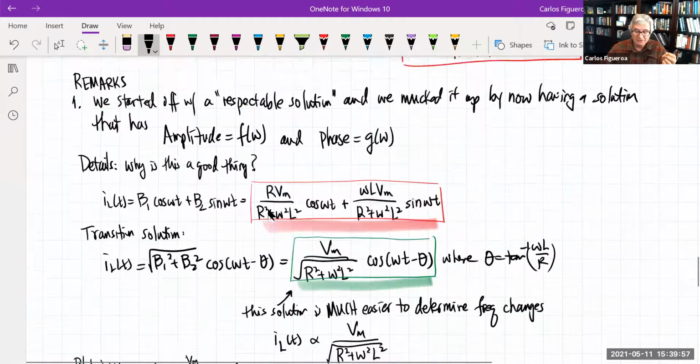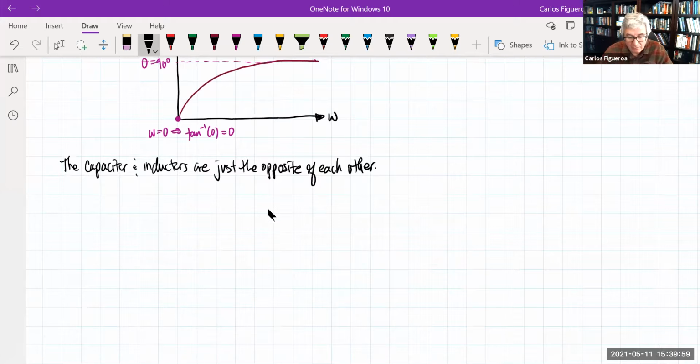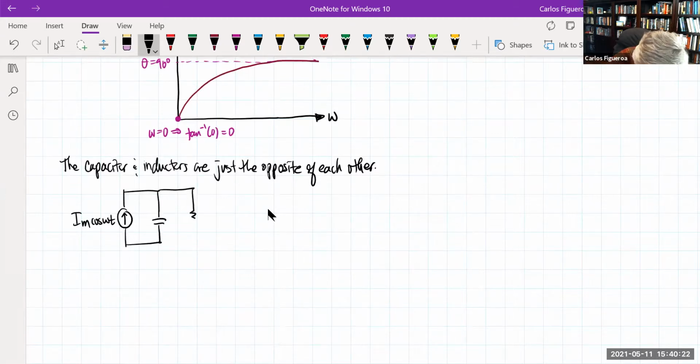So now let's go look at a parallel circuit here. What I'm going to imagine here is that now I have a current source. And this current source is going to have some amplitude. And again, we're going to use omega t, just as before. And now, guess what? I have a cap and I have a resistor.